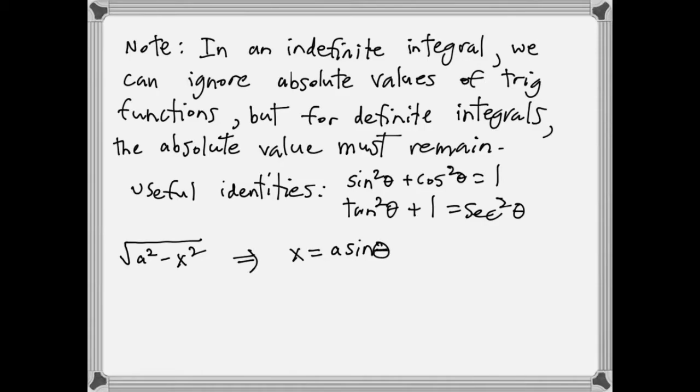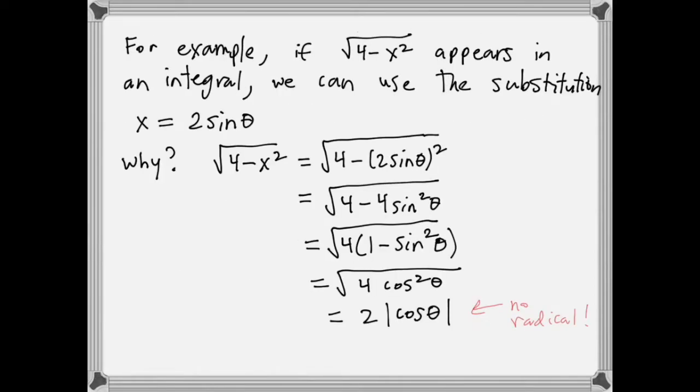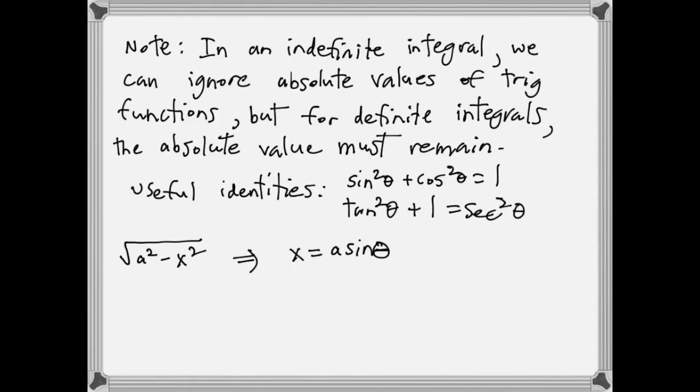This is an example of what we just saw. The reason why we let x equal 2 sine theta, if we go back to our problem, is because 2 is the square root of 4. That's why it worked in this problem, because we knew we were going to square it. So the idea is that we want to use the Pythagorean identity to get rid of the radical. So you can let x equal a sine theta.